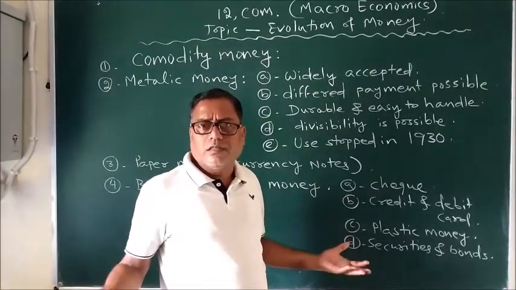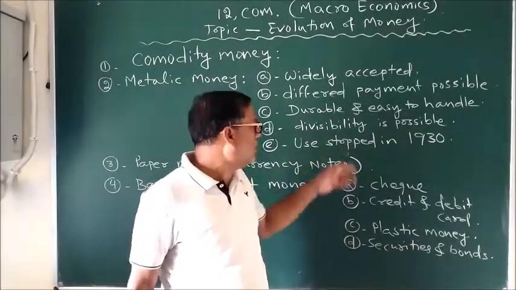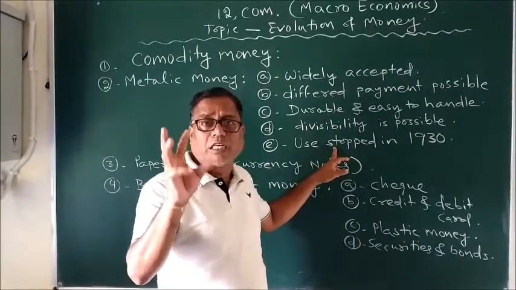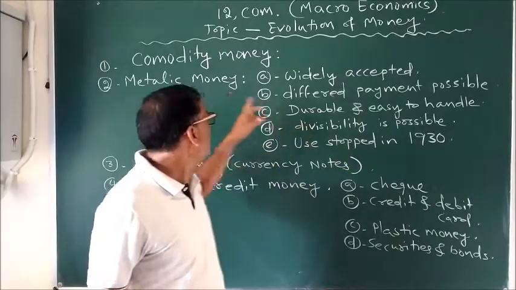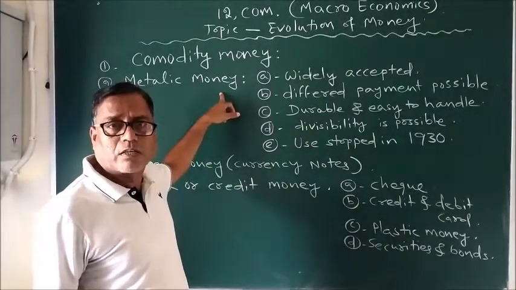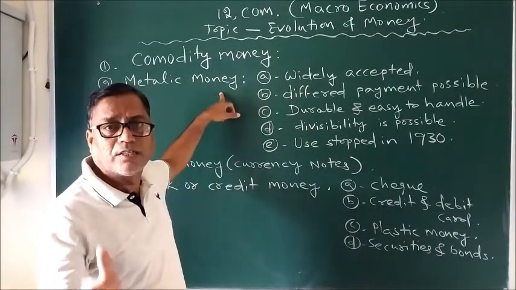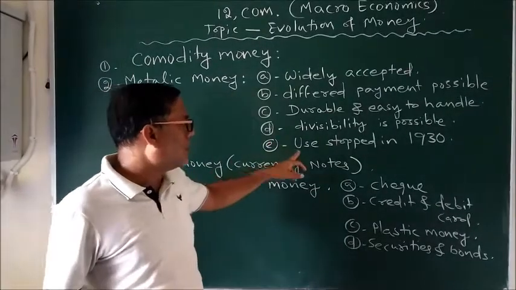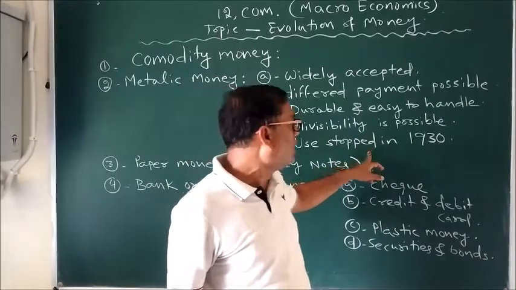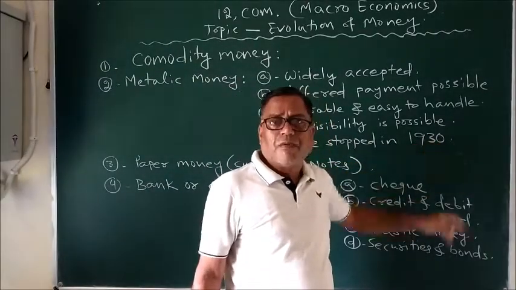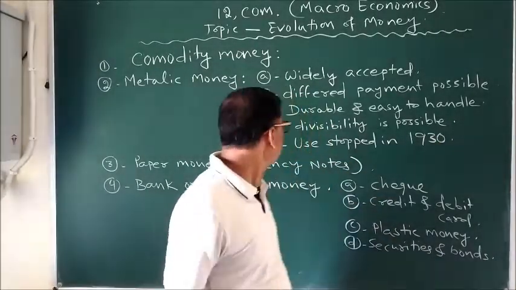So we cannot find the amount of gold or silver that we need to convert into money in comparison to the size of the economy. That's why the use of metallic money was banned or stopped in the year 1930 by the Government of India.